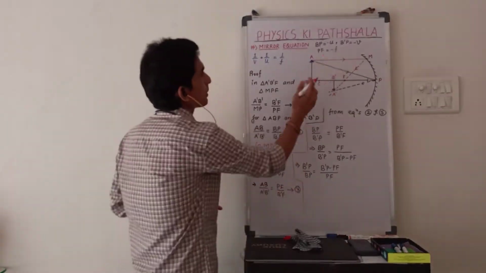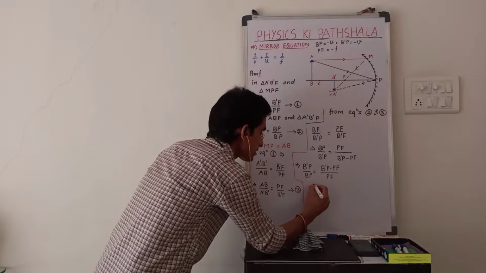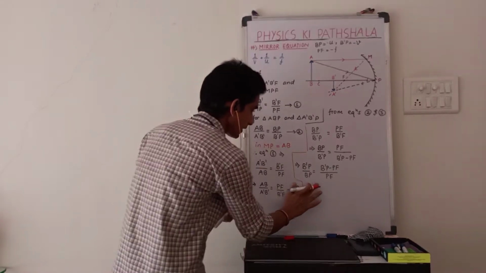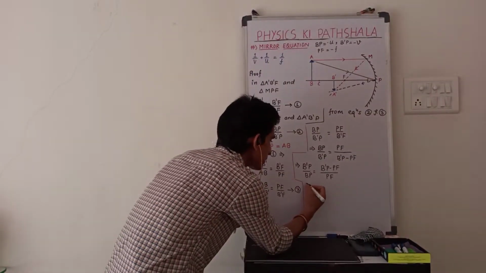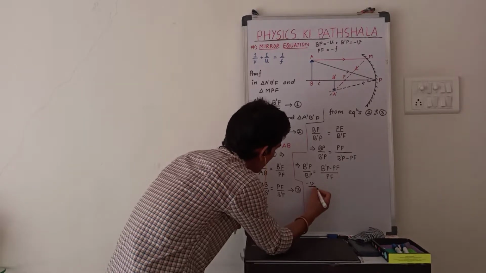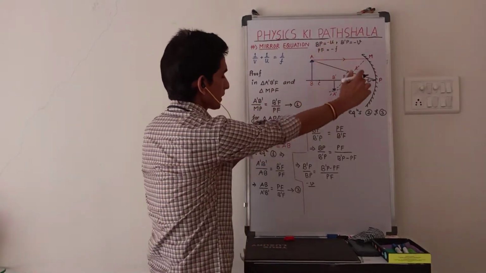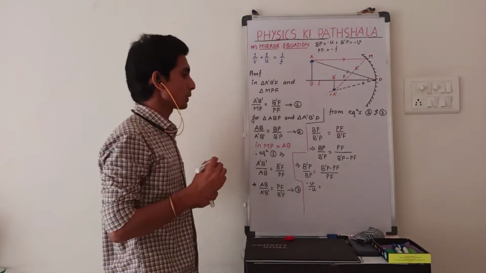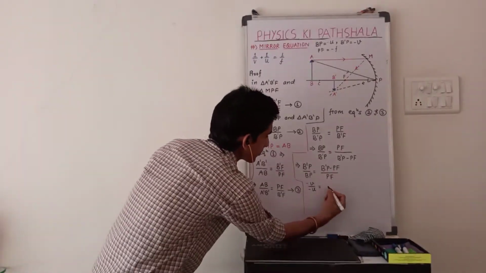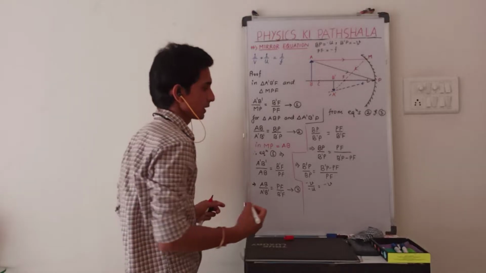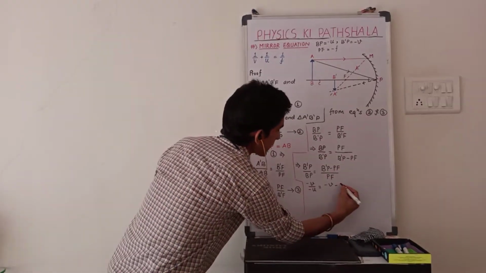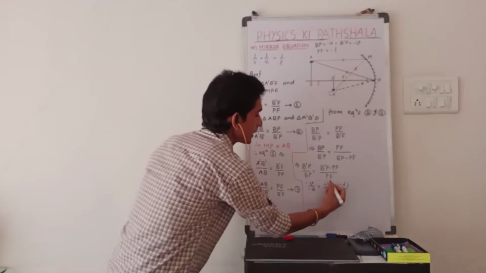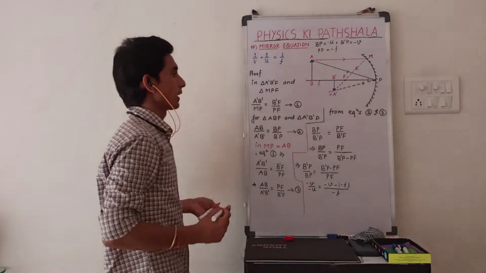In place of B prime P, I can write minus V upon, in place of BP, I can write minus U is equal to, in place of B prime P, once again I can write minus V, then minus, in place of PF, I will write minus F upon, again in place of PF, I will write minus F.